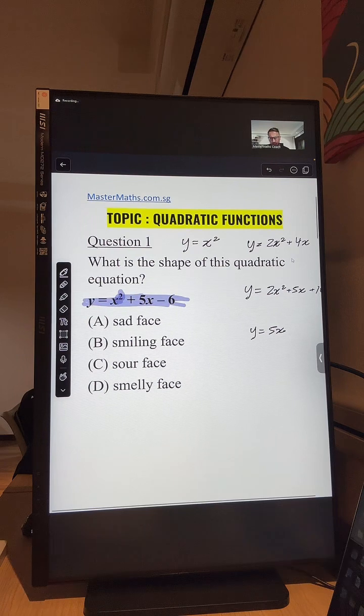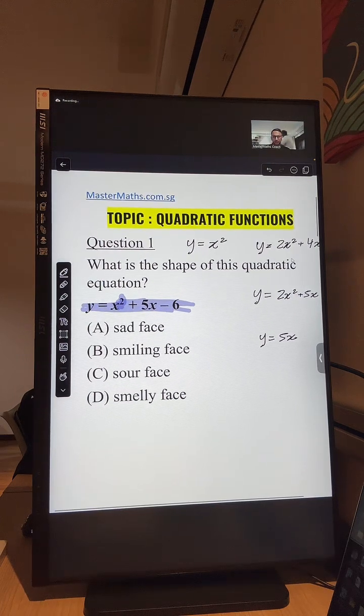So the first question we have here. I hope you all can see this question. Question number 1. If you're just joining us, we are doing quadratic functions today. What is the shape of this quadratic equation? As you all know, all these algebraic equations, we can actually plot them on a graph that looks something like this. You've got your x-axis, you've got your y-axis.